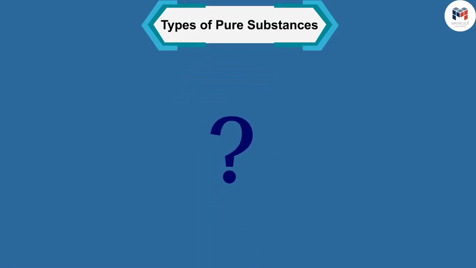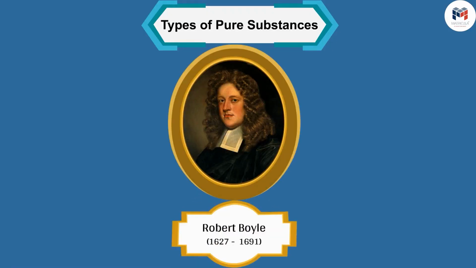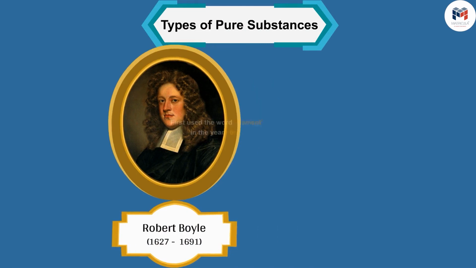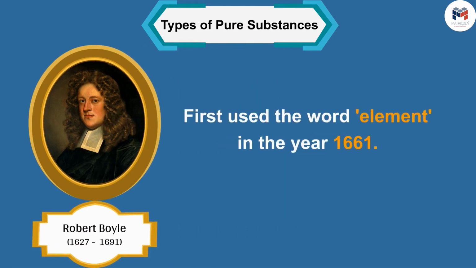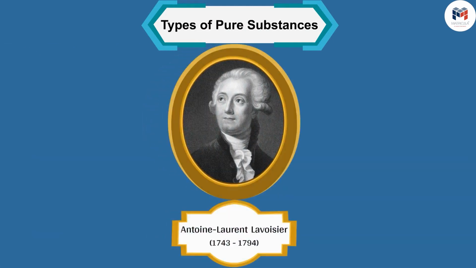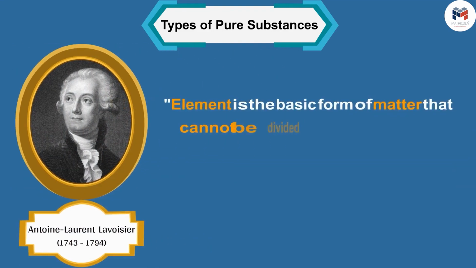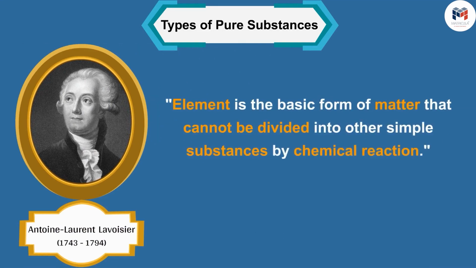Do you know Robert Boyle was the first scientist in the world who first used the word element in the year 1661. Antoine Laurent Lavoisier, 1743 to 94, a French chemist, was the first to establish an experimentally useful definition of an element.